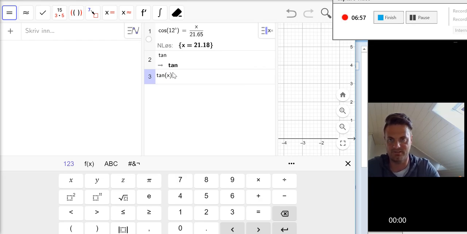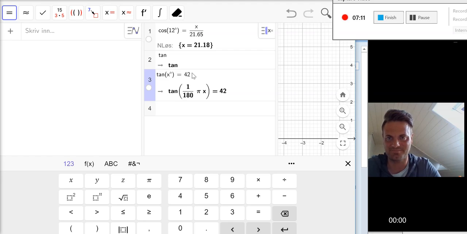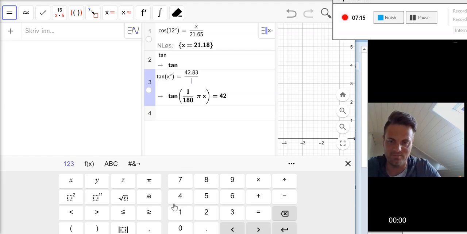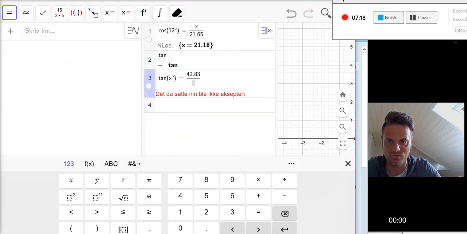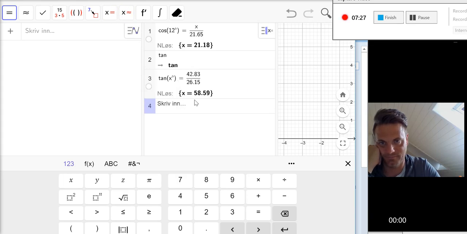Tangent of x degrees is equal to 42.83 divided by 26.15, and then I just press solve here, and we get 58.6.